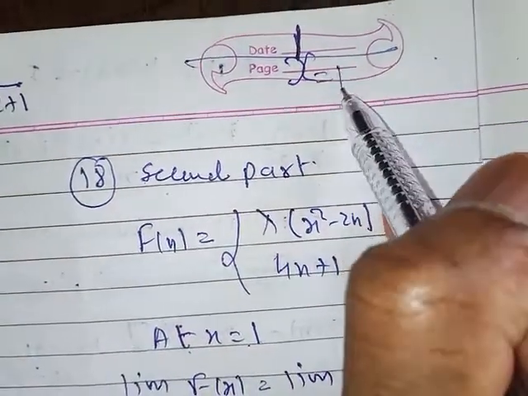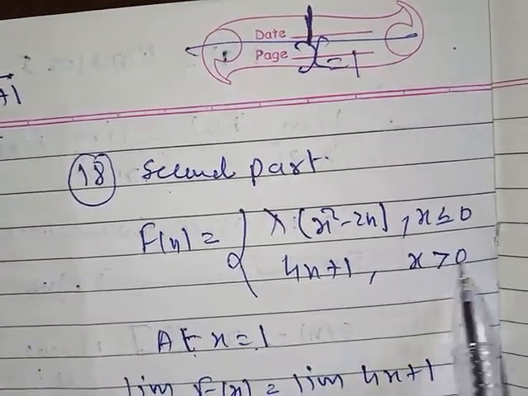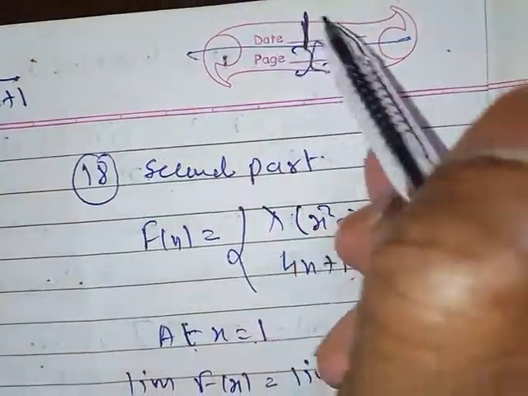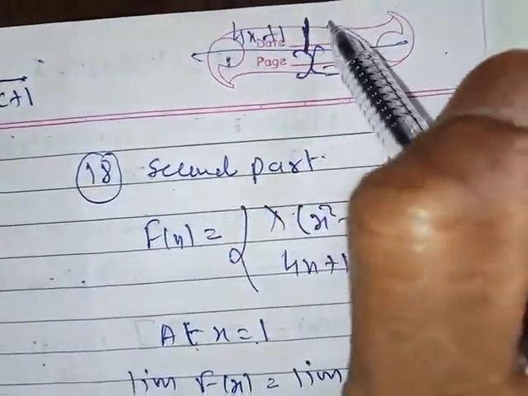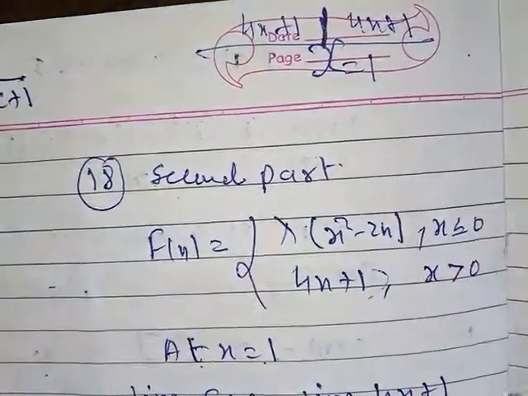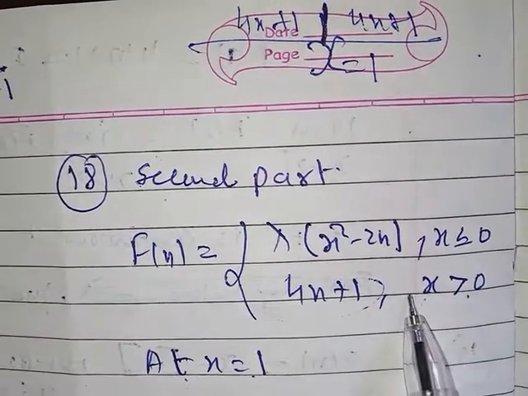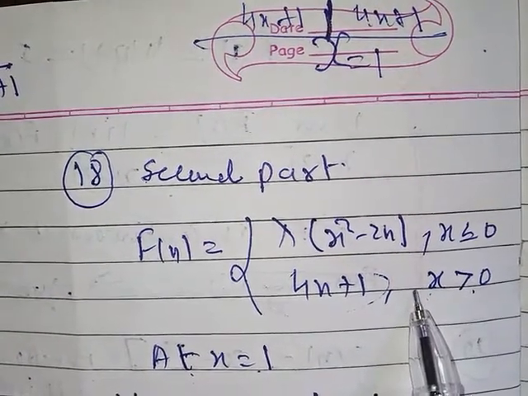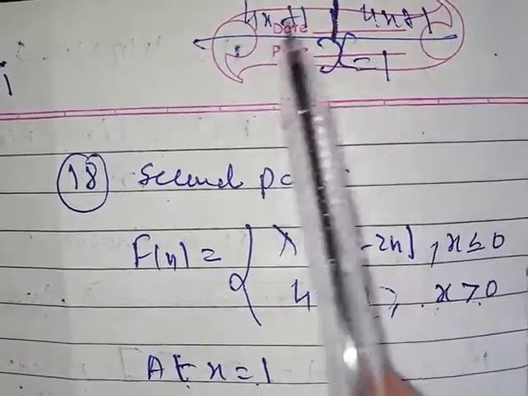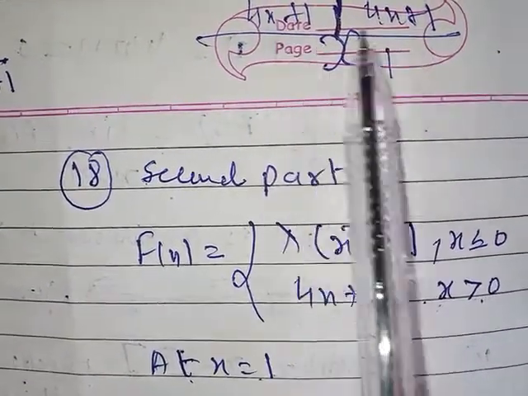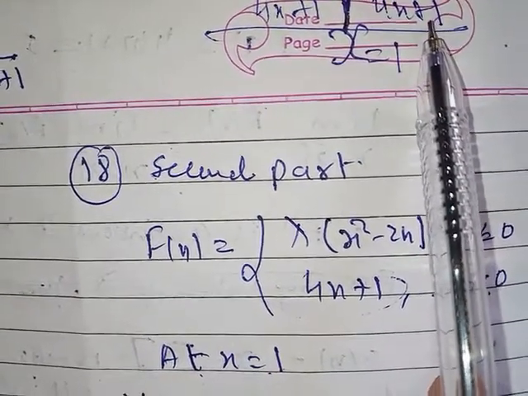On the left hand side of the limit, x greater than 0, we have 4x plus 1, and the right hand side is also 4x plus 1, since it is also greater than 0. So for both left and right hand side, the limit is the same, so we can apply the first definition of a continuous function.